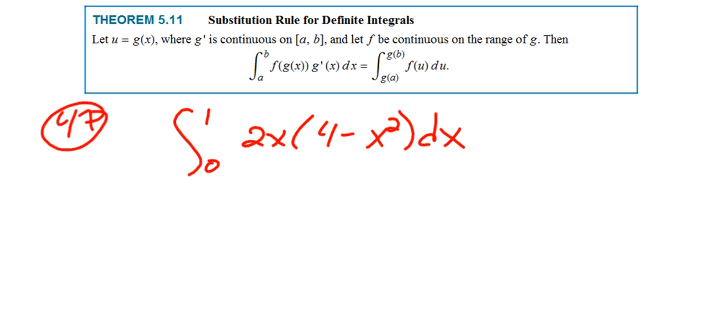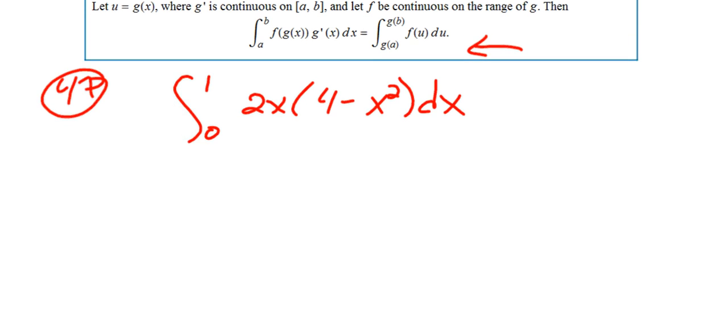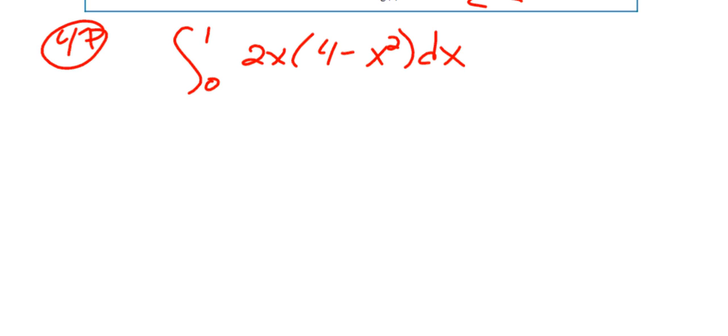But then your notation will not have the bounds in it. But for what they said here in the box, they're changing the bounds with the u substitution. So we're going to go ahead, and this saves us from resubbing back in our u.